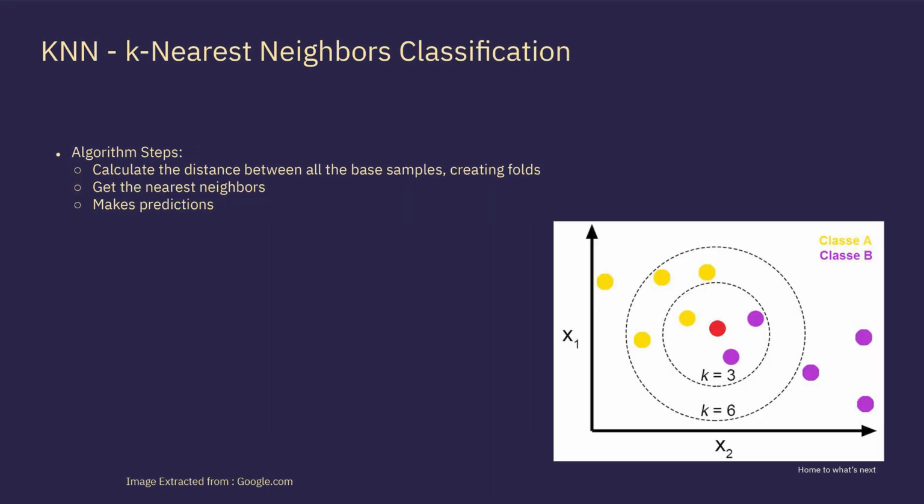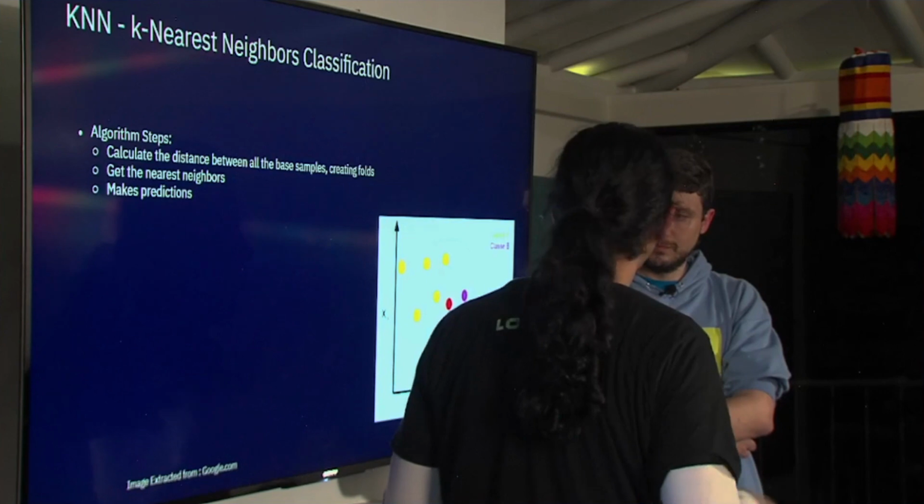The algorithm has some steps: we calculate the distance across the whole dataset, and we get the nearest neighbors. That's the name of the technique. So we can make predictions considering the inputs of the user. Let's see this graph here. We can have this red point here, considering a new user input.